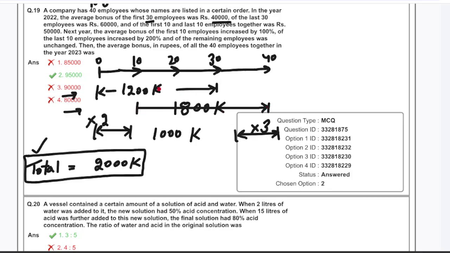That means this 10 to 30 is coming twice, and 0 to 10 once, and 30 to 40 once. That means this 3000k is total of 1 to 40 and 10 to 30. So if I subtract 1 to 40, I get 1000k, and that is the total amount for 10 to 30, because now that is what exactly I get.